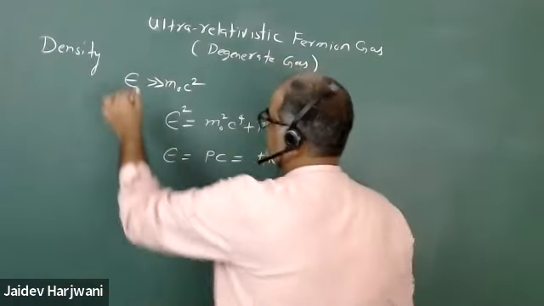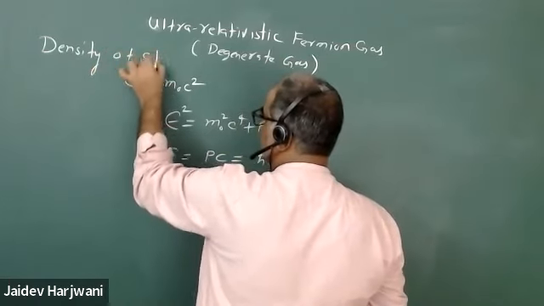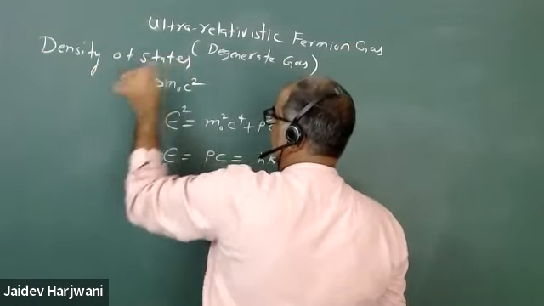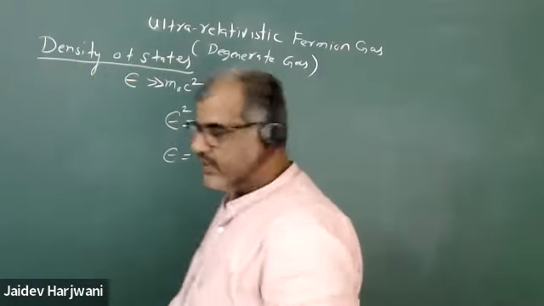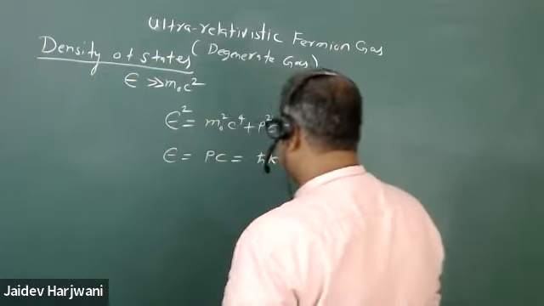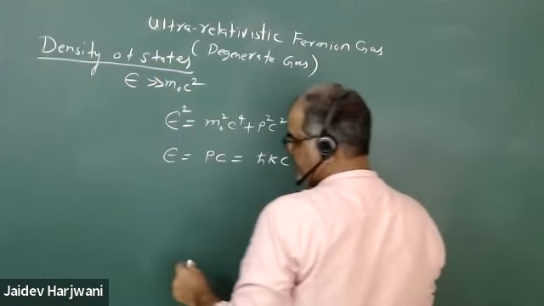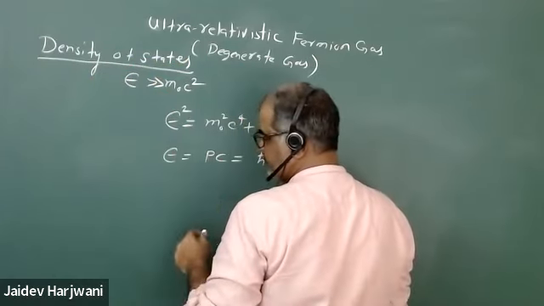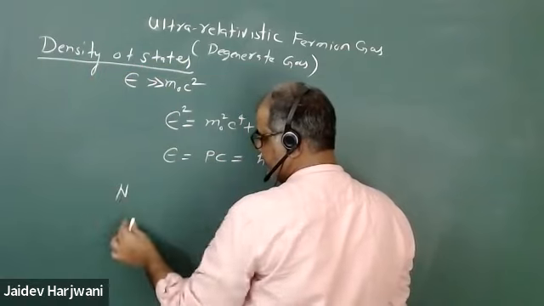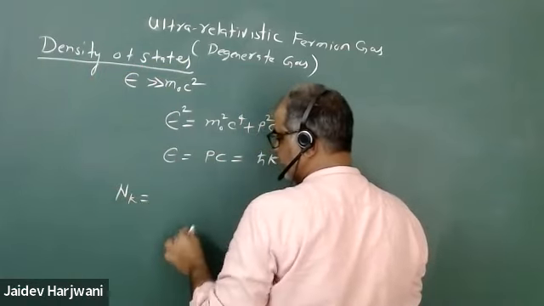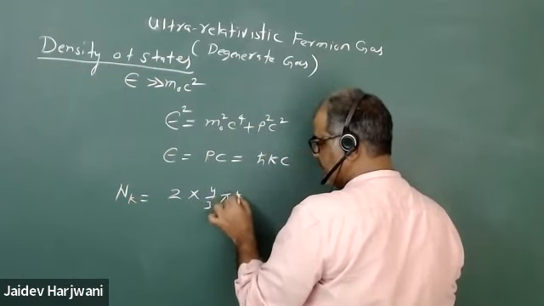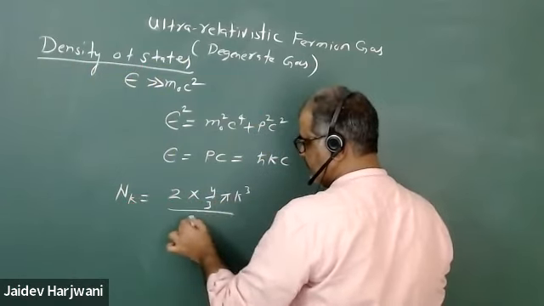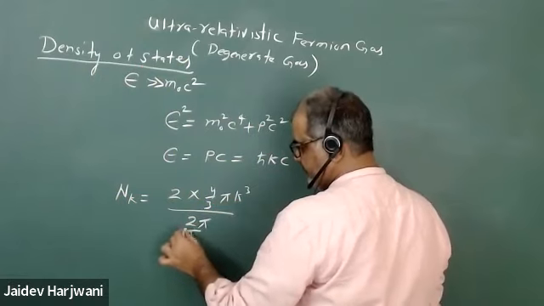So this is the density of states. First calculate the density of states. I'm doing it for the 3D case; similarly you can do it for 2D or 1D also. So this is the relativistic gas. Now you know the expression for the number of k states. That's simply 2 into 4 by 3 pi k cube upon (2 pi over L) cube.